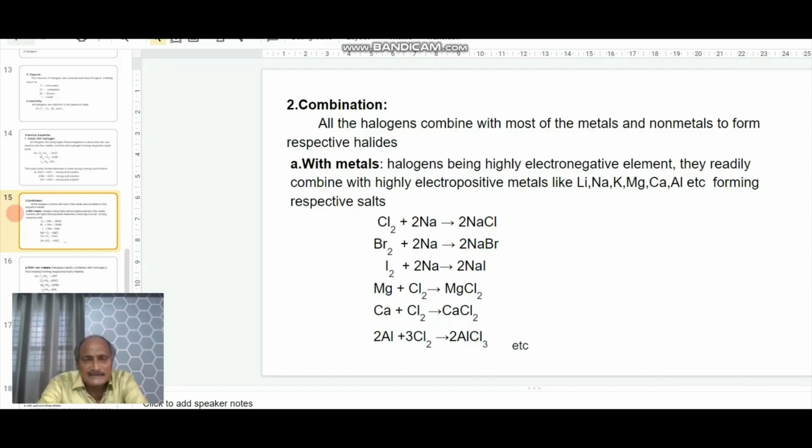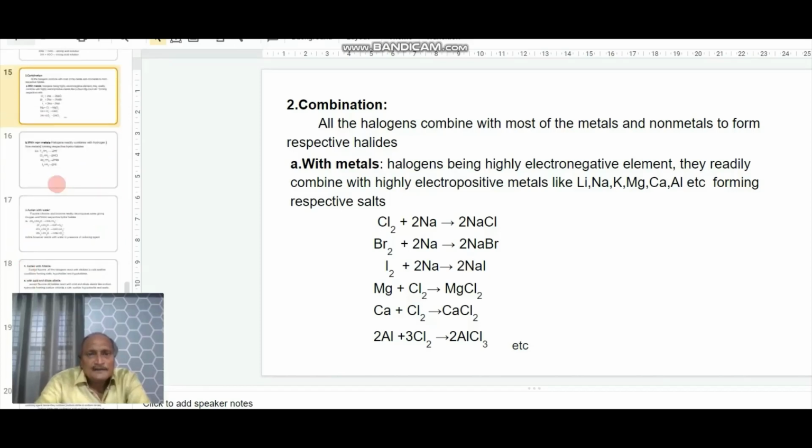Coming to the second reaction of halogens, that is combination reactions. All the halogens combine with most of the metals and non-metals to form respective salts. With metals: halogens, being highly electronegative elements, readily combine with highly electropositive metals.